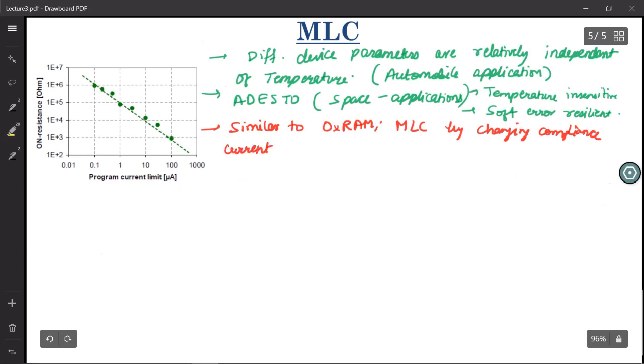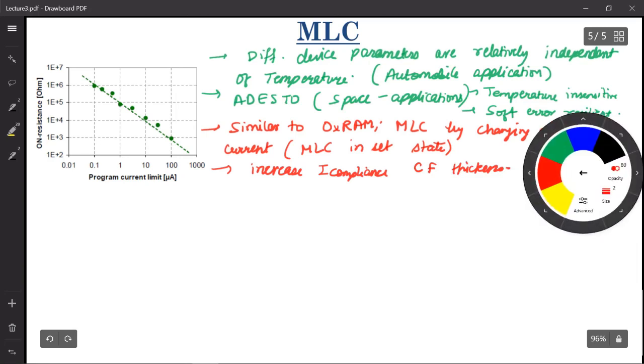So by tuning the compliance current, we can lead to MLC in your set state. And what does this do here? You increase your I compliance, your conduction filament thickens.